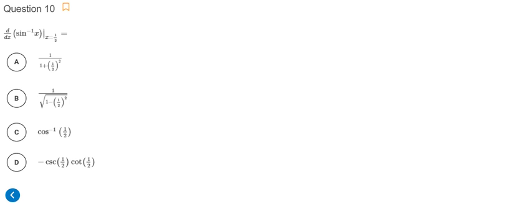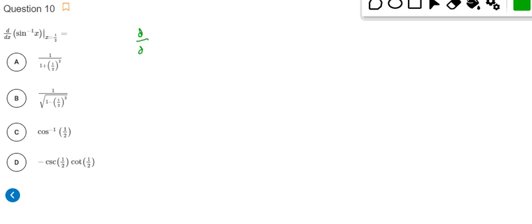Number 10. This is one you have to memorize. The derivative of inverse sine is the reciprocal of the square root of 1 minus x squared.